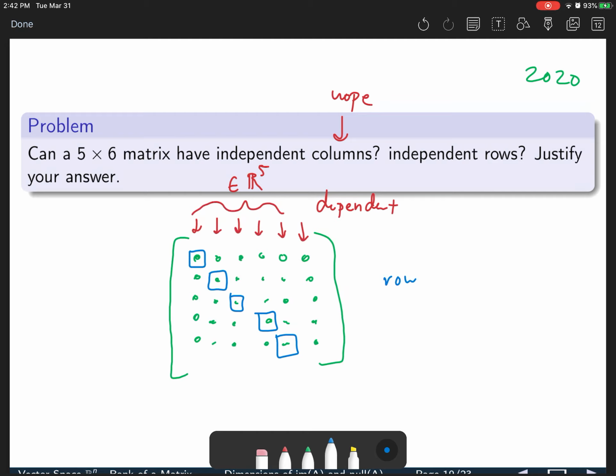So rows span a 5D subspace of R6. And that's cool. So, yes, we can have independent rows.